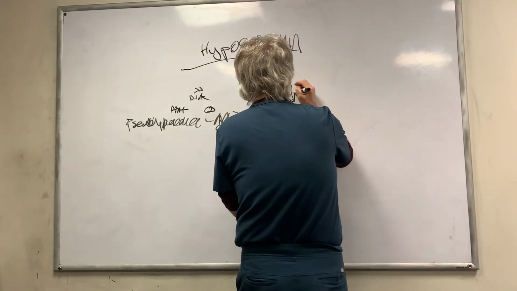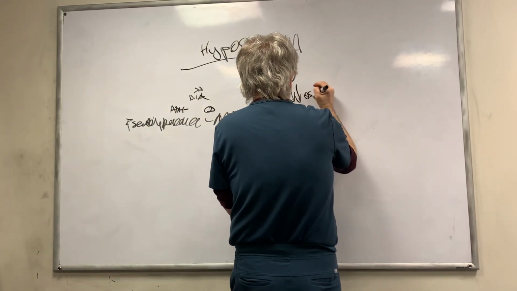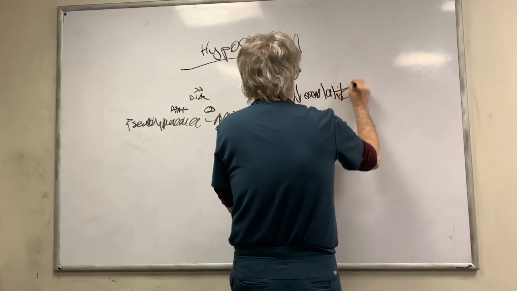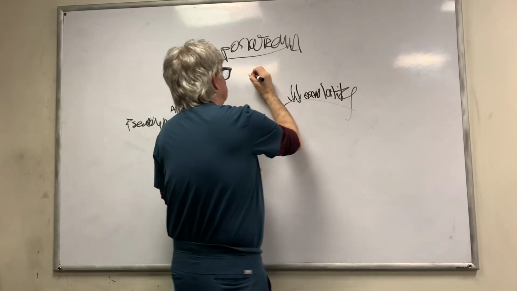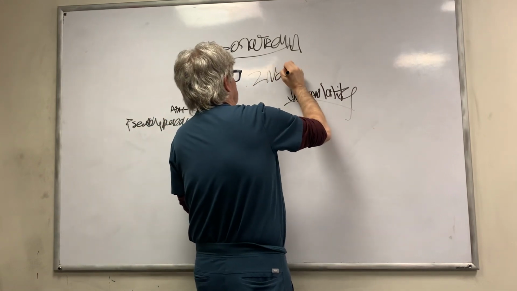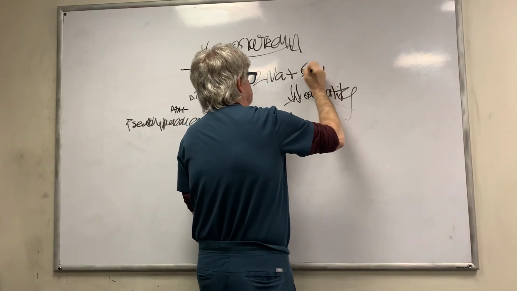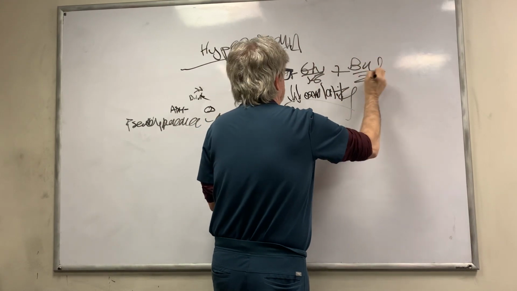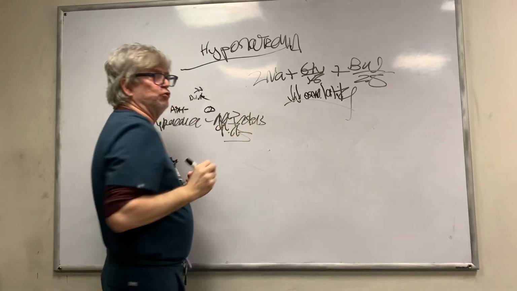Most cases, just about all cases of hyponatremia, you have decreased osmolality because the sodium's low, and the formula for osmolality is 2 times the sodium plus the glucose over 18 plus the BUN over 2.8. Here you have increased osmolality.